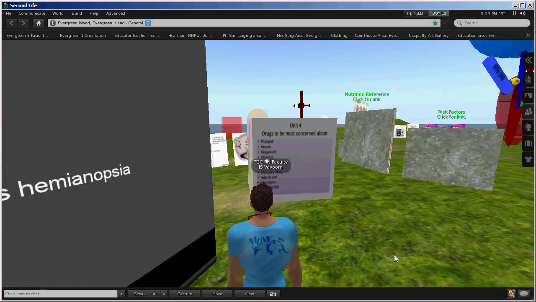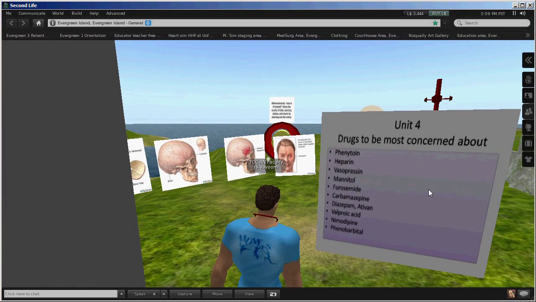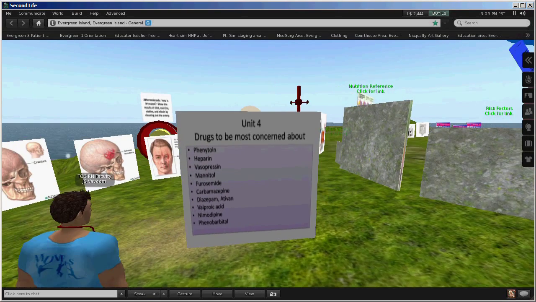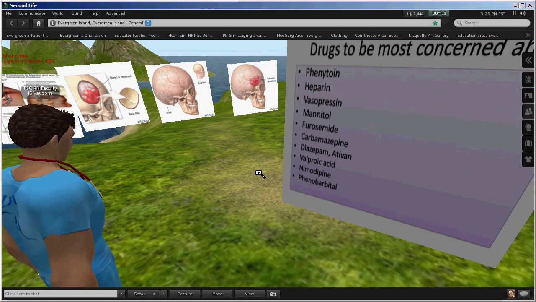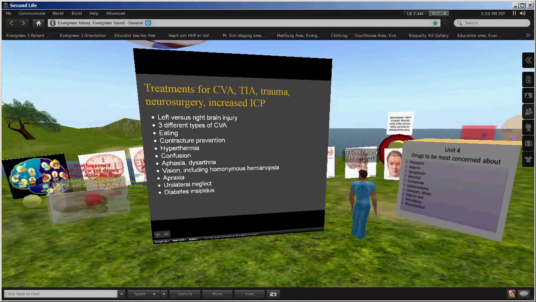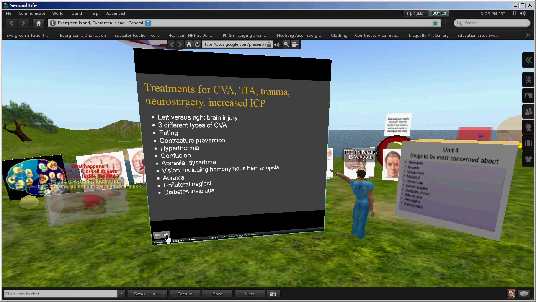Also, let's go over here, and there are some various medications that are pretty important for this particular unit, and I've listed them here, and we'll look at a slide of some of the medications.